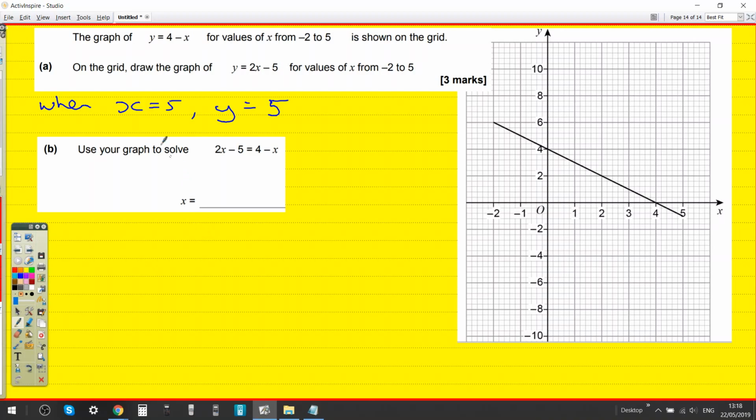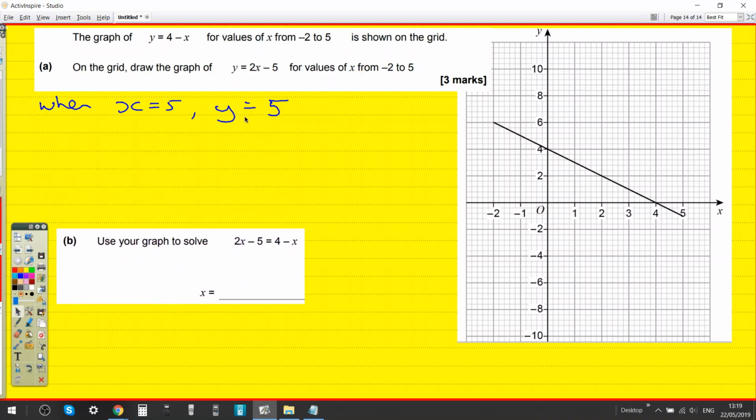That's already drawn. You just have to draw this one here. Alright, I'm looking at the wrong one. You're trying to draw the graph y equals 2x minus 5.